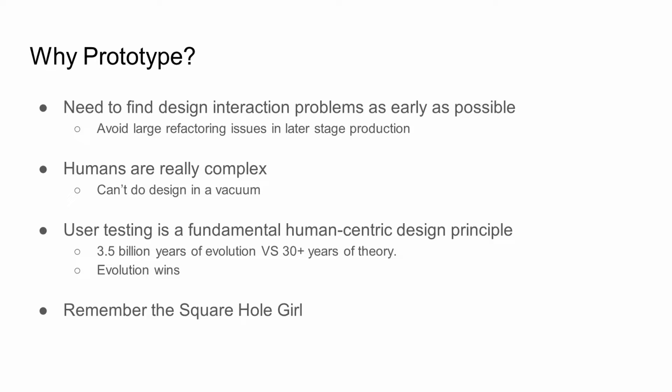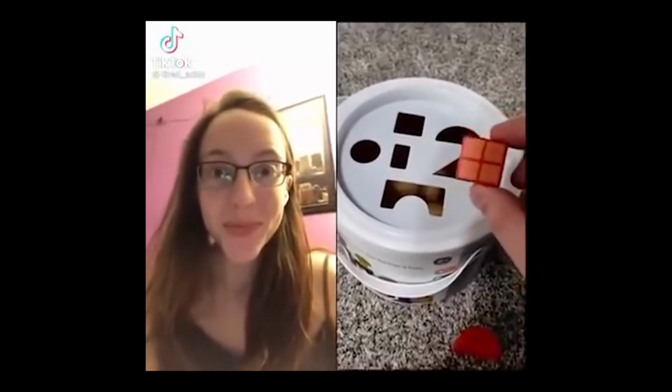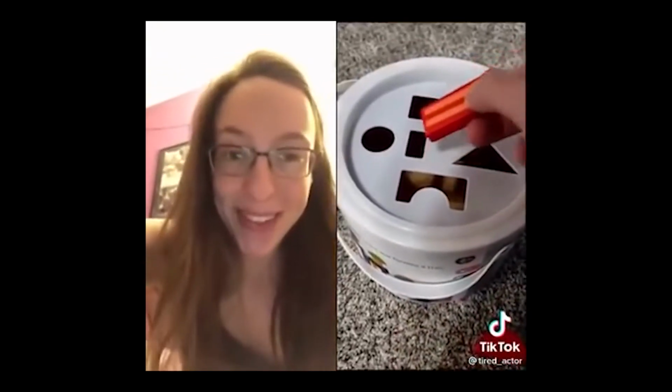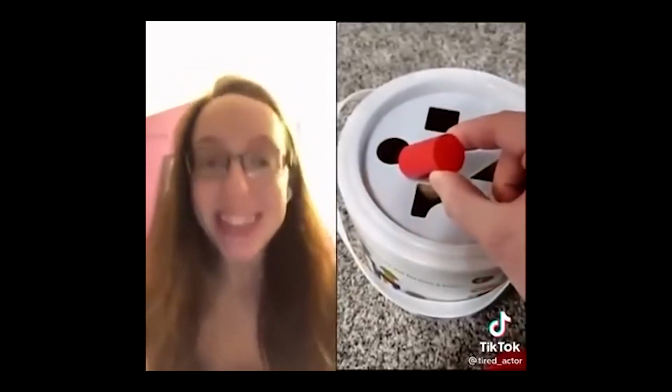I love that video. This is a square. Can you guess which spot that goes in? The square. That's right. It goes in the square hole. Yes. Okay. And how about this rectangle? That one also the square. That goes in there too. Up next, we've got this thin rectangle. Can you guess where that goes? The thin rectangle. That's right. It goes in the square hole. And up next, a cylinder. The circle. I think that goes in the square hole.